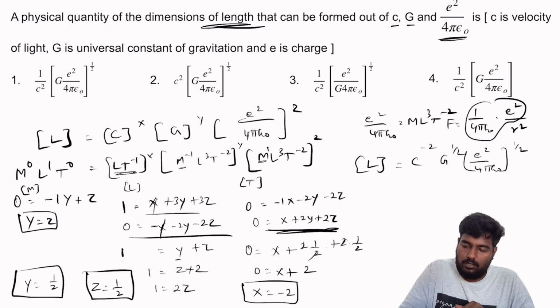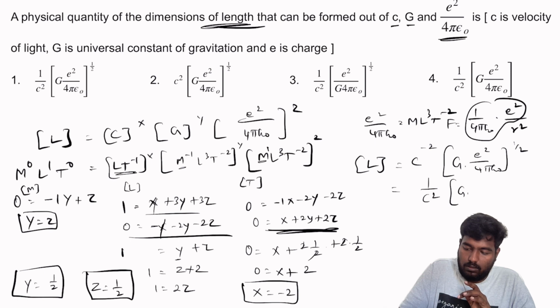So this g also you can move into this, and 1 by c power minus 2, meaning 1 by c square into g into e square by 4 pi epsilon naught, power 1 by 2.